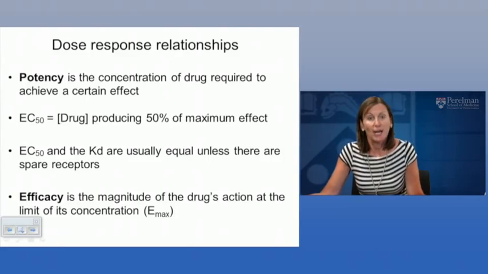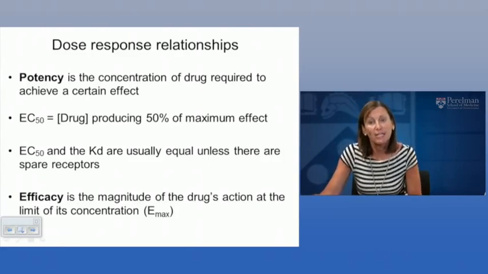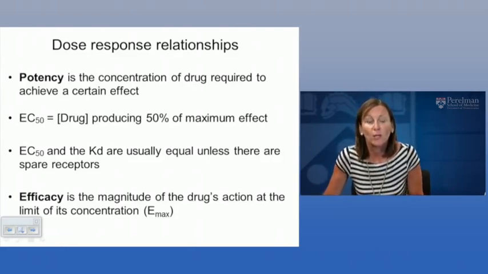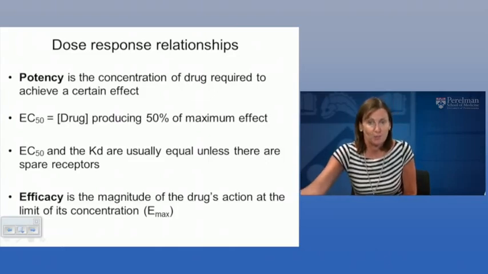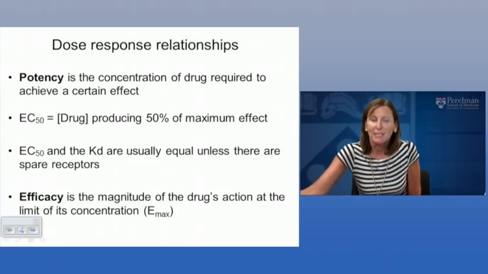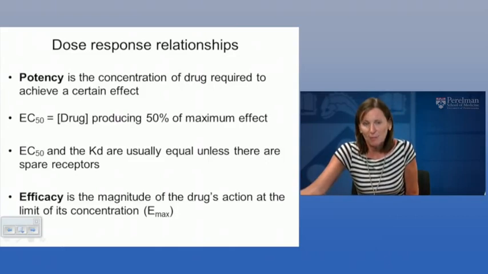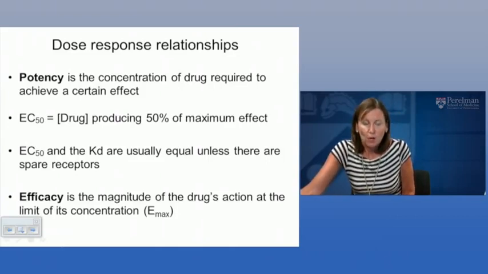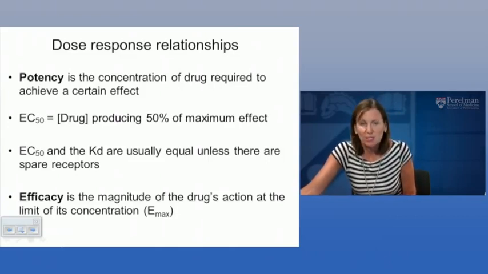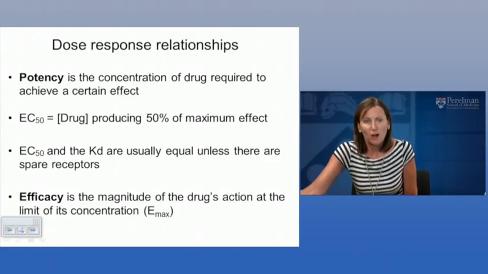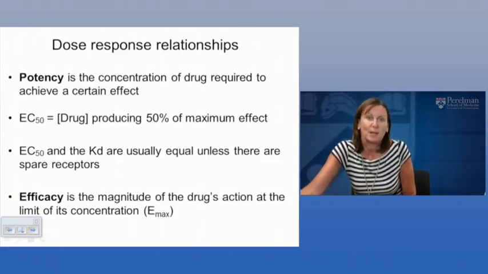The EC50 and the KD are usually equal, unless there are what are called spare receptors. I'm not going to spend a lot of time explaining spare receptors, but let me simplify it as follows. For most intents and purposes, we consider a drug in an environment occupying all the receptors.